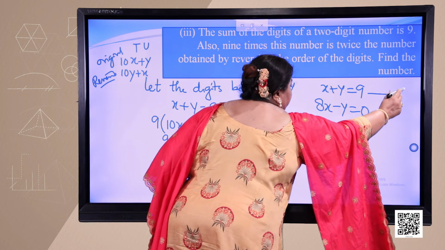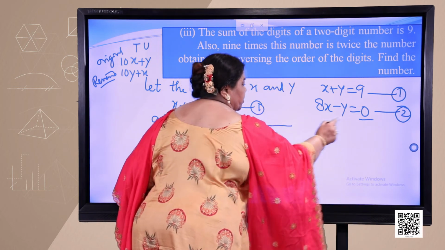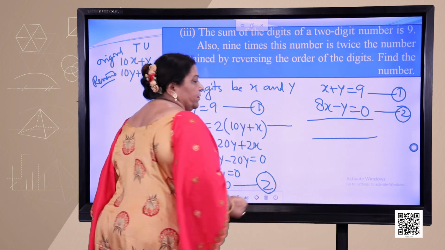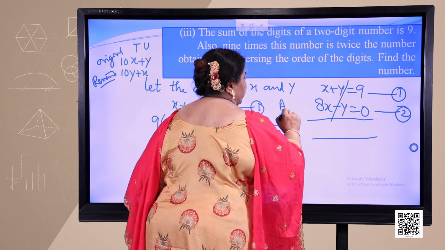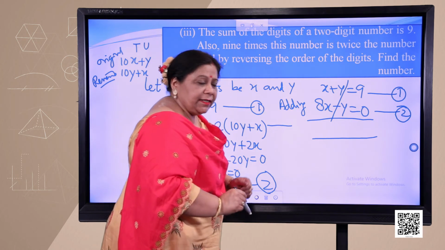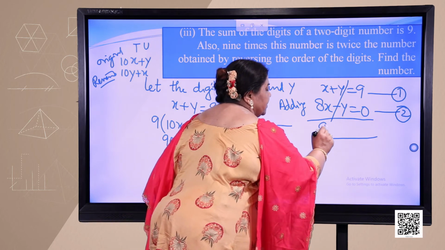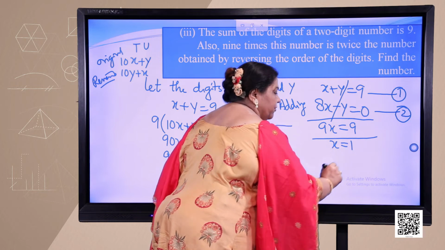Very simple equations. I think you can see the coefficients of which variable are equal? Y, yes, good, opposite sign. So, we will add. If we add these equations, what do I get? x plus 8x gives me 9x is equal to 9. So, value of x is 1.